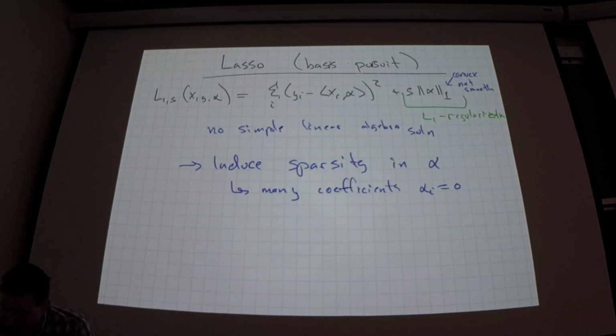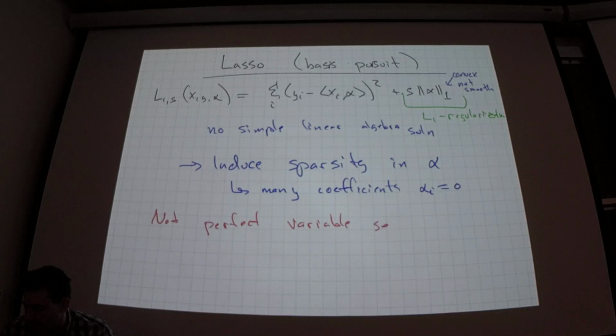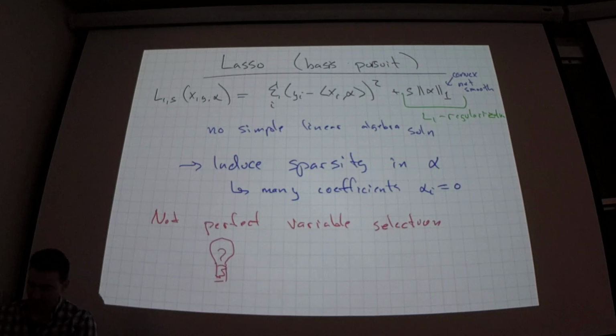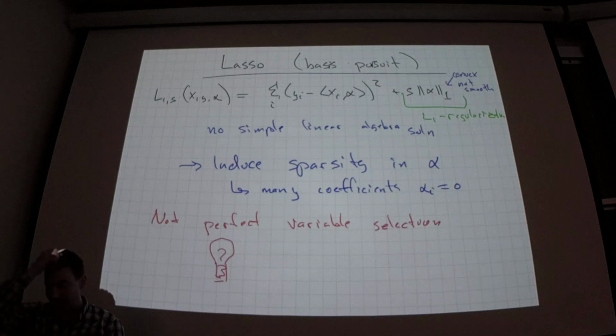Okay, so I want to give a warning though. This is not a perfect variable selection. You could think of having this idea. I guess light bulbs don't look like this anymore, but you can think of having this idea.